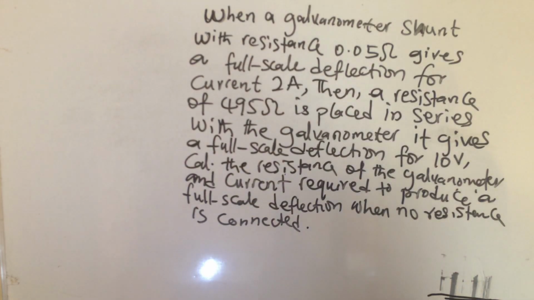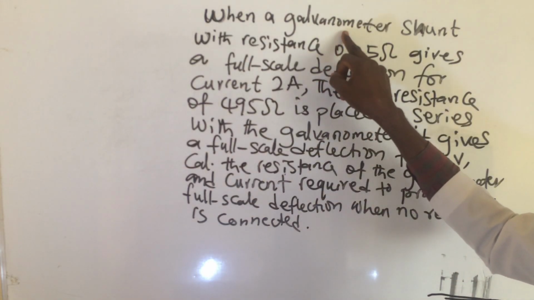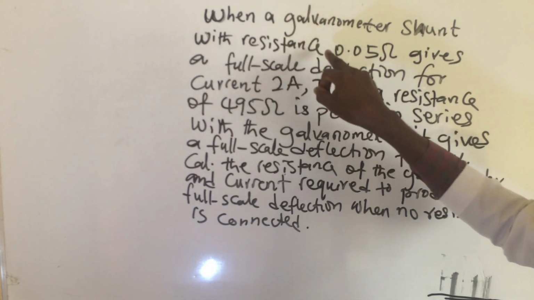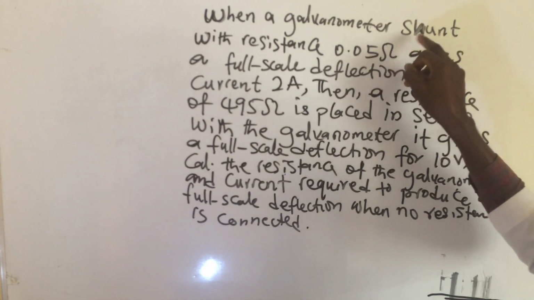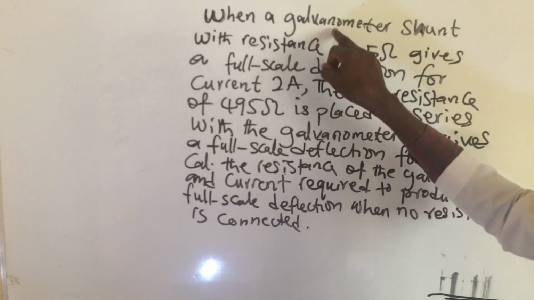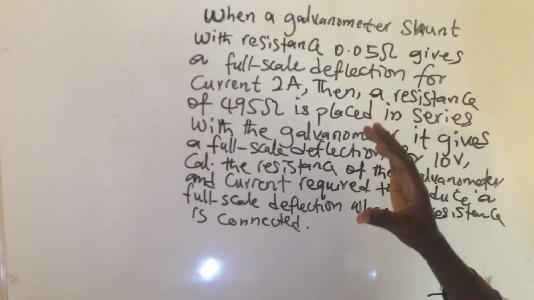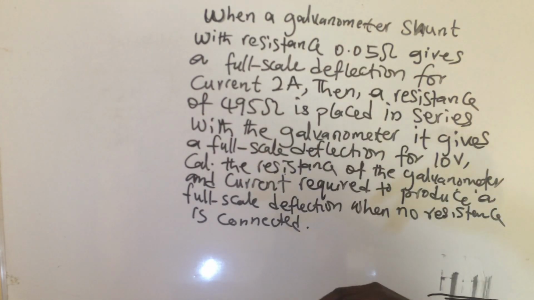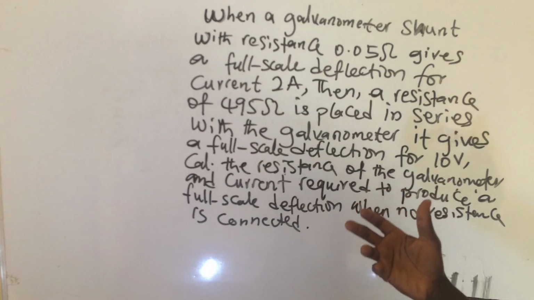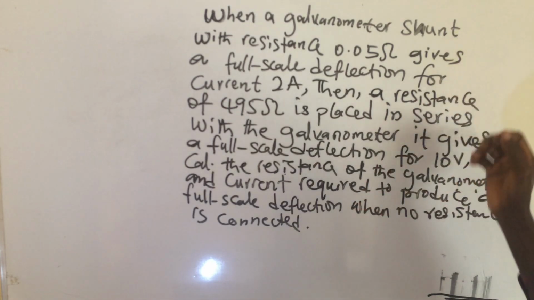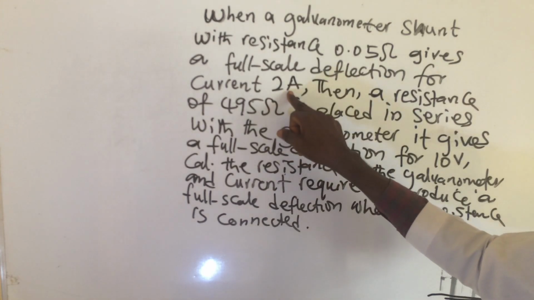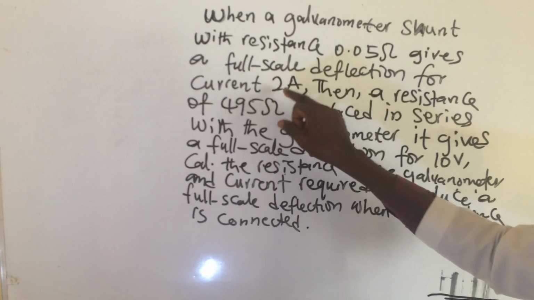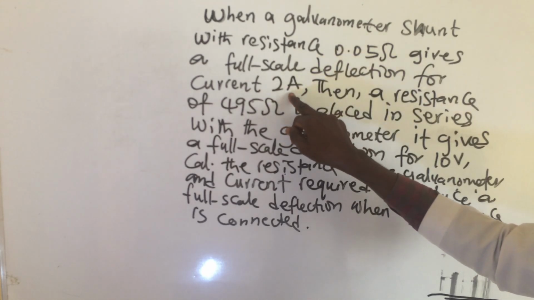Now, this question is talking about this galvanometer. You understand? He said that when you connect a shunt resistor to the galvanometer in parallel, you have converted this galvanometer to an ammeter, and that gives it the power to measure a current of 2 ampere, because this question has shown that it has been converted to an ammeter.